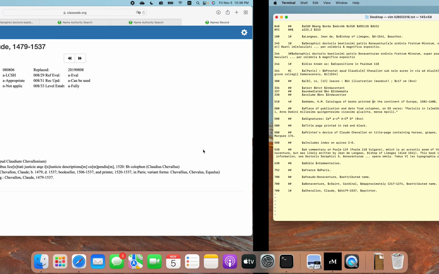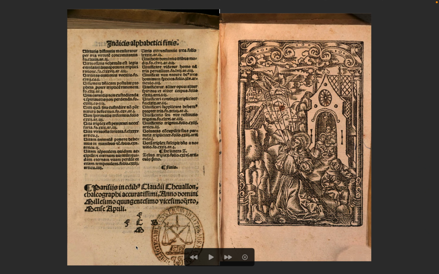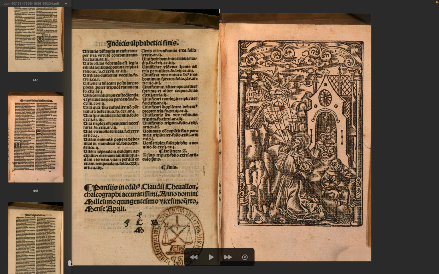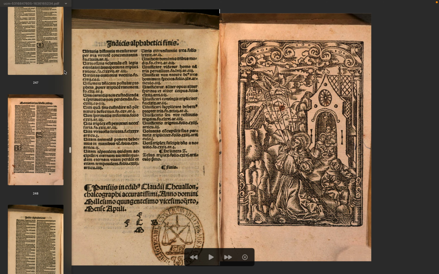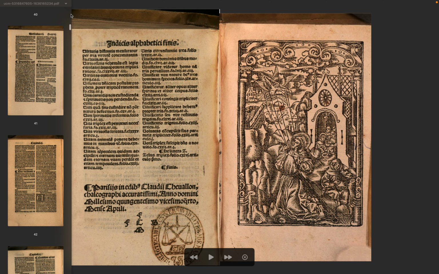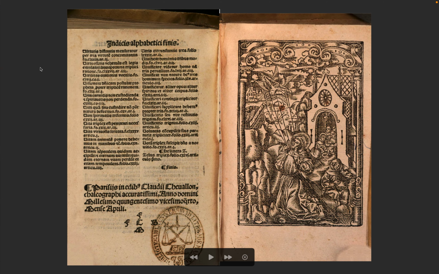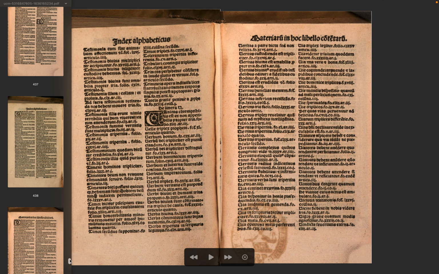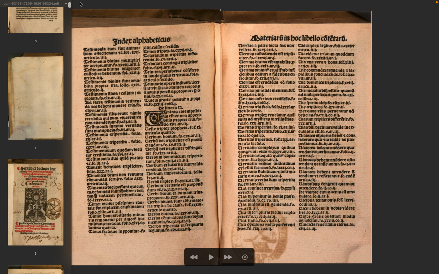I'm going to start out with, so a lot of people might say we'll start out with the title page, but something that I like to just get under control first is the extent, the collation. These are all different words for basically saying, do you have the whole book?